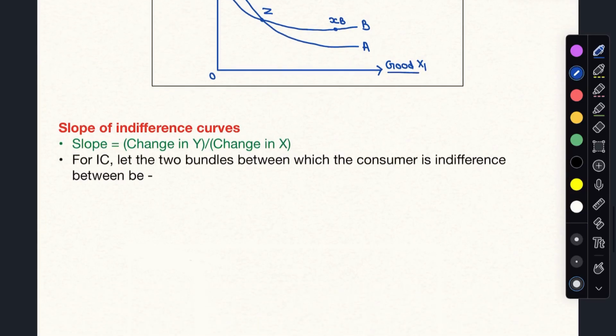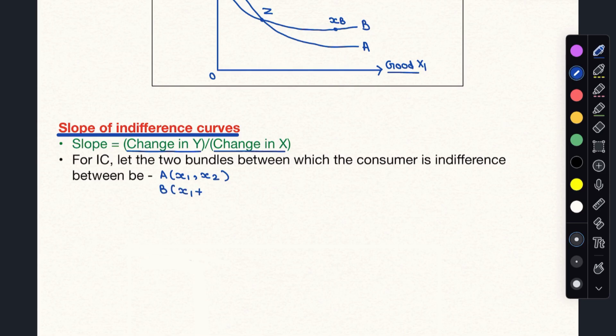Lastly, we'll be looking at the slope of an indifference curve. A slope measures the rate of change, and mathematically slope is equal to change in y upon change in x. Let there be two bundles between which the consumer is indifferent, and we are assuming these two bundles are A (x1, x2) and B (x1 + delta x1, x2 + delta x2).